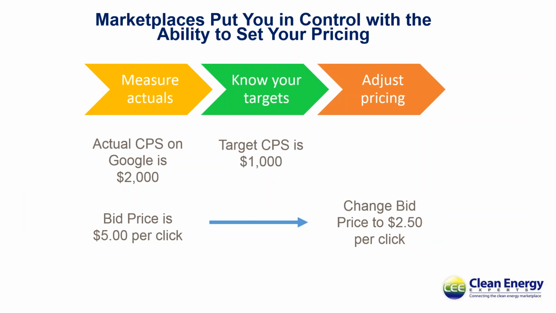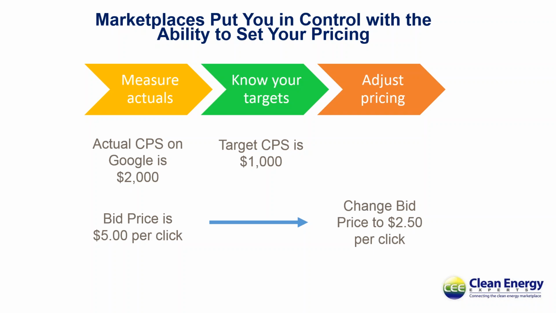Okay, so one of the things that many marketing channels have is a marketplace. For instance, Google AdWords, you get to tell them how much you want to spend per click. If your target cost per sale is $1,000, you have to know what your target is. Internally, your finance team should tell you, hey, we can only spend $1,000 on marketing costs for every sale that you make.